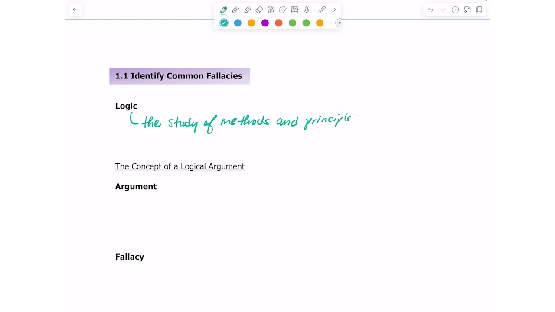We use logic every day, right? When we're trying to analyze statements, either that we read or that someone says, or even that we're trying to make. So we're always using logic to try to reason through and either conclude something or solve something.